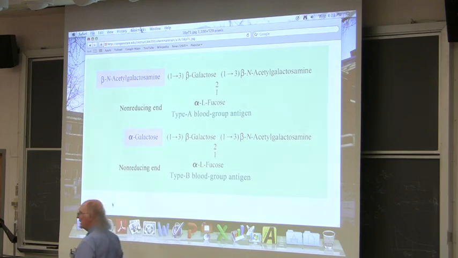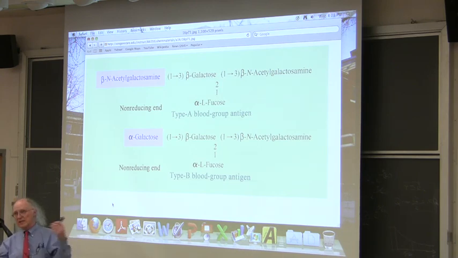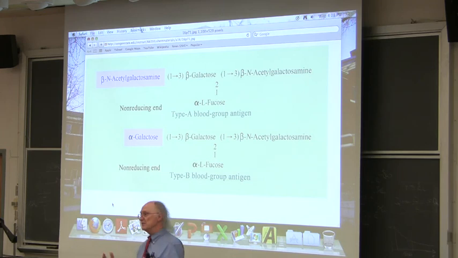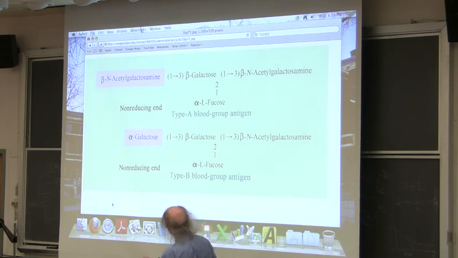Now, the reason we call them antigens is because they are immunogenic. And if you transfer the wrong blood type into a person, that person's immune system will attack it as a foreign invader and cause a problem. So you want to match blood types as much as you can. One of the things about type O blood, I'm a type O blood myself, is that O blood is known as the universal donor, and the universal donor doesn't have these groups on the end at all and doesn't stimulate an immune response.